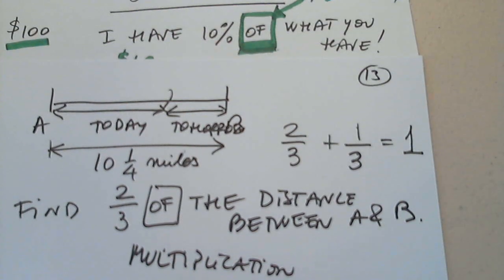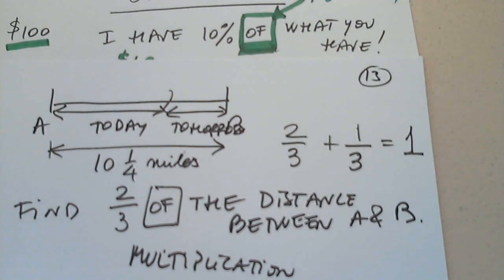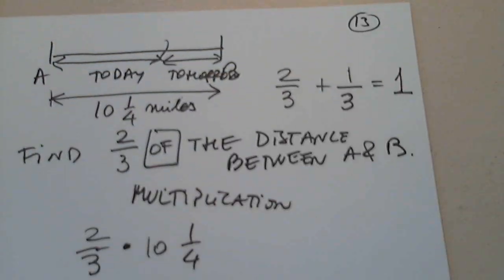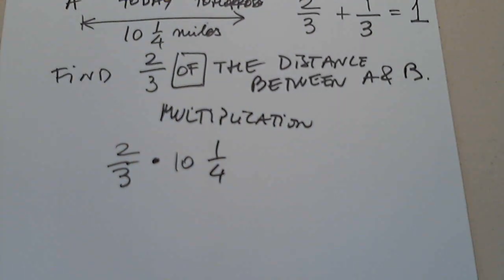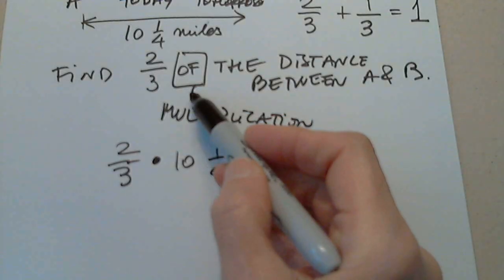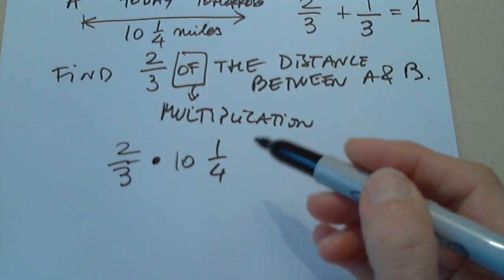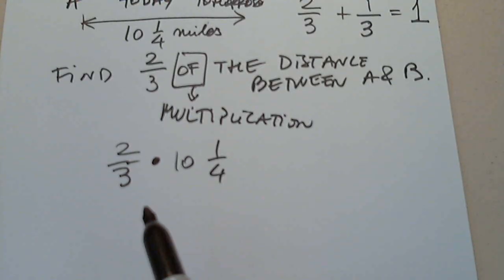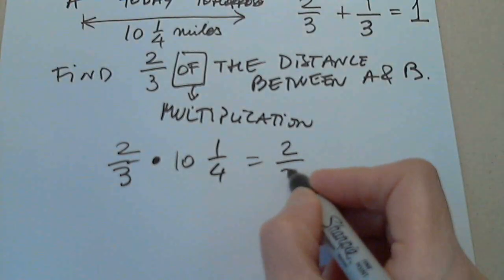What do I have to write here? What am I multiplying 2/3 by? 10 1/4. Exactly. The entire distance, of course. Excellent. So I calculate 2/3 of, which is multiplication, of 10 1/4. I cannot multiply. Don't even try. The integers have to be put back in before we multiply.